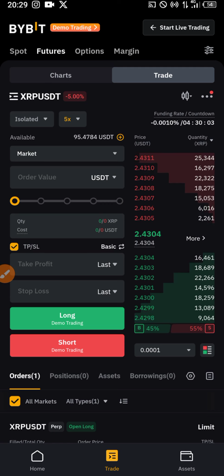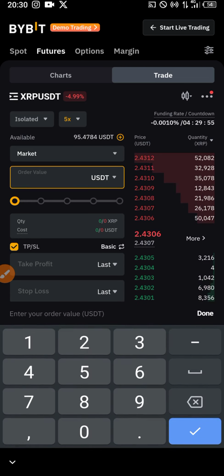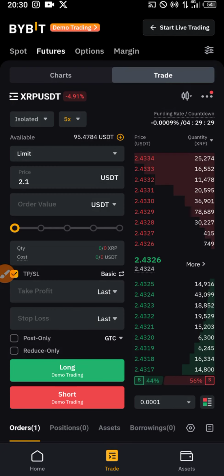Let's say we are buying $25 worth of Ripple, XRP. If you are a maker, like you are using a limit order, that means you are a maker because of the limit order.